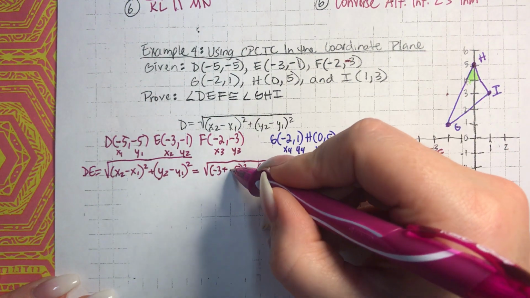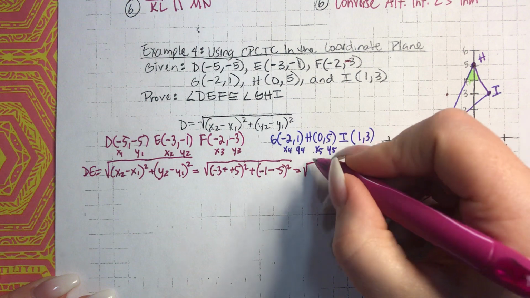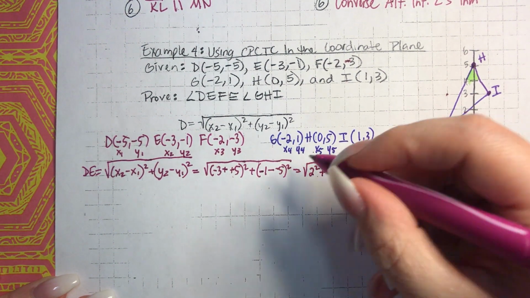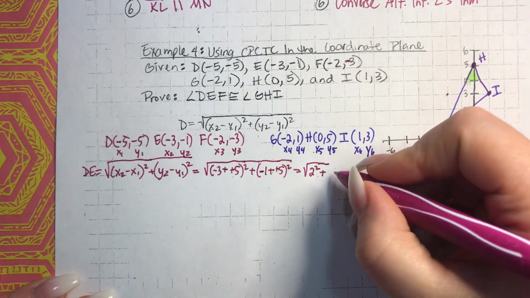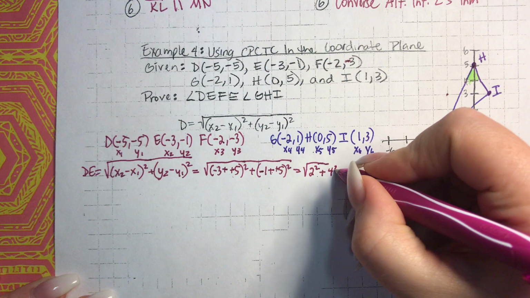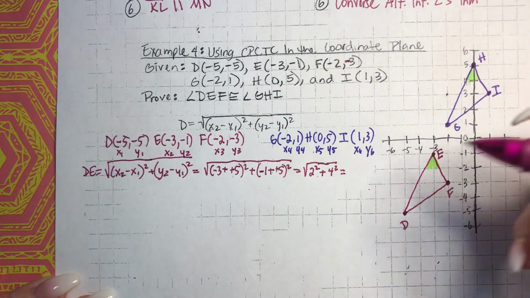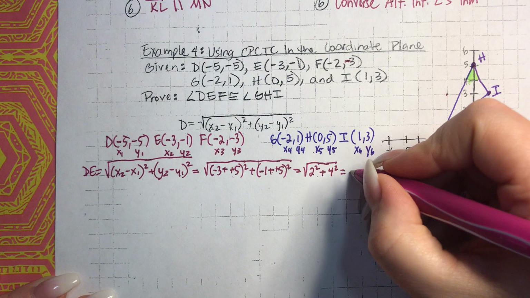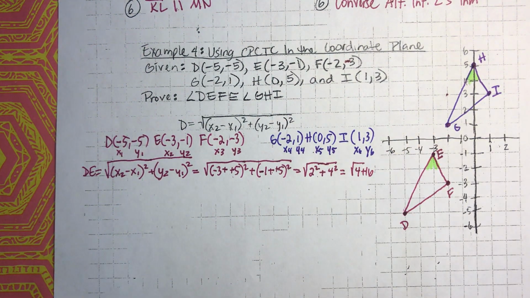So those two negatives become positive, right? -3 plus 5 would be 2. So it's going to be 2 squared plus, those two negatives become positive. We got -1 plus 5, which would be 4 squared, right? That's going to be 2 times 2 is 4, plus 4 times 4 is 16. So it's going to be 4 plus 16, okay?